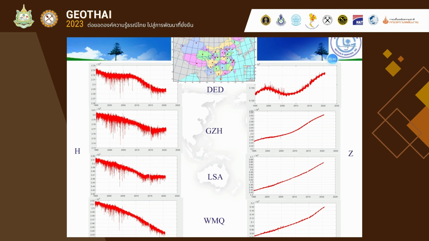So that is the character of the geomagnetic field variation. They have the signal in a very large area, but each location has some little difference.